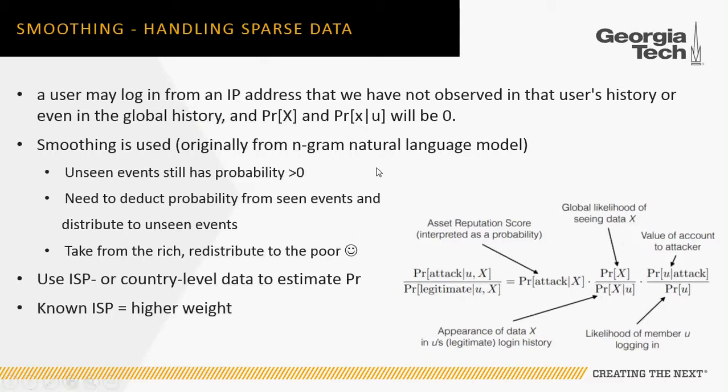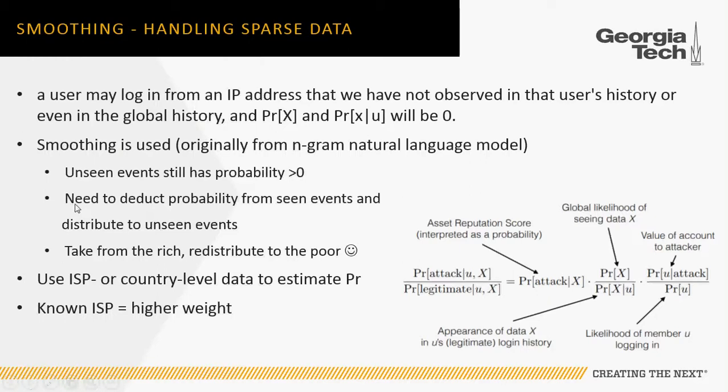So the smoothing technique used here originally comes from the N-gram natural language processing model, and the basic assumption is that for those unseen events, like an unknown IP address, you still have probability greater than 0. That's actually quite obvious. But how to calculate it?